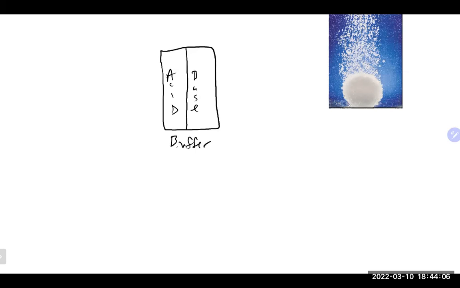A lot of times you want to keep the acid part and the base part relatively close to each other, have a pretty good concentration of both of those things, because those are really the parts that are going to react when you add acid.